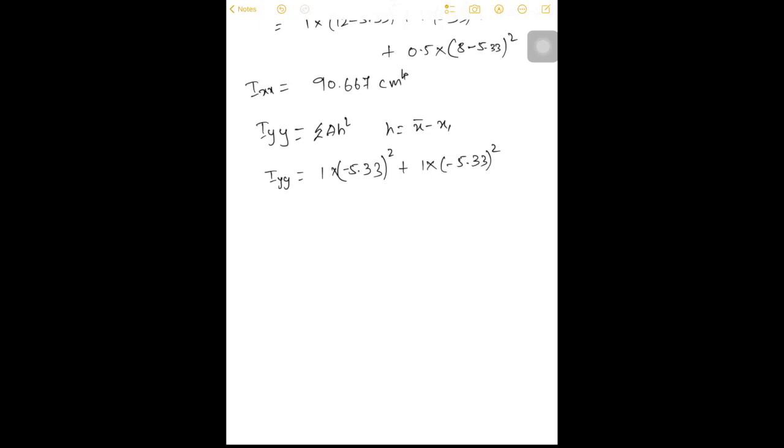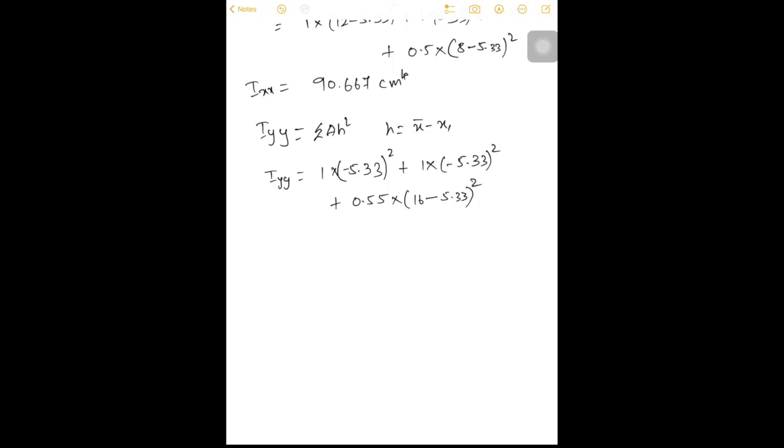For boom C, the area is 0.5. The total distance of boom C is 16 centimeter, and we will minus 5.33. We will get the distance from the neutral axis, minus 5.33 into whole square.